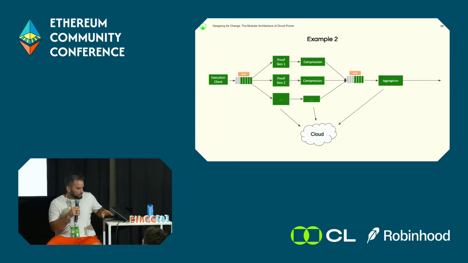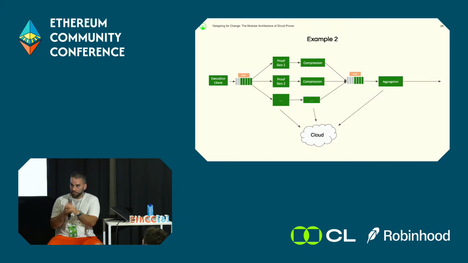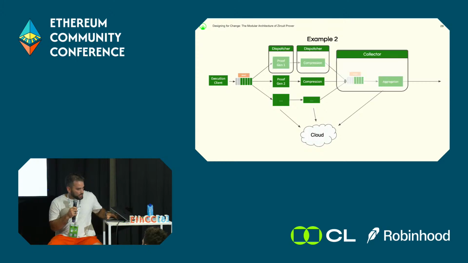And similarly, both of the proofs there become dispatchers, since they expect one input and generate one output, and the aggregation there becomes a collector. So that's the idea, and you see soon enough that the queues pretty much go away. You don't have to worry about implementing that yourself, because that's taken care of by the modular orchestrator for you.